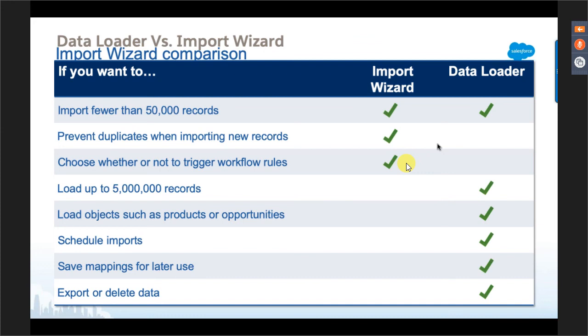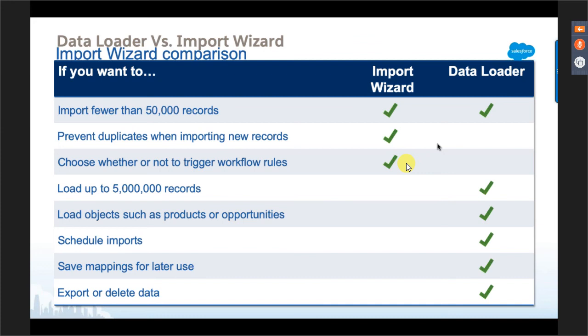It gives you a ton more objects to work with, and it doesn't limit you to 50,000 records. As a matter of fact, the data loader starts at 50,000 records with what's called a bulk load. You can get up to 5 million records with the data loader. If you're doing that, I would highly recommend a third-party tool and a better way of plugging your data into Salesforce, but it is possible to get done.